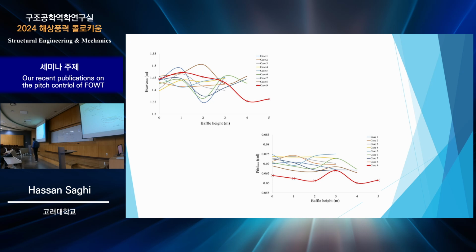By comparing the different cases and baffle heights, we selected the optimum geometry and optimum baffle height: case 9 with a 4 meter baffle height is the optimum case.